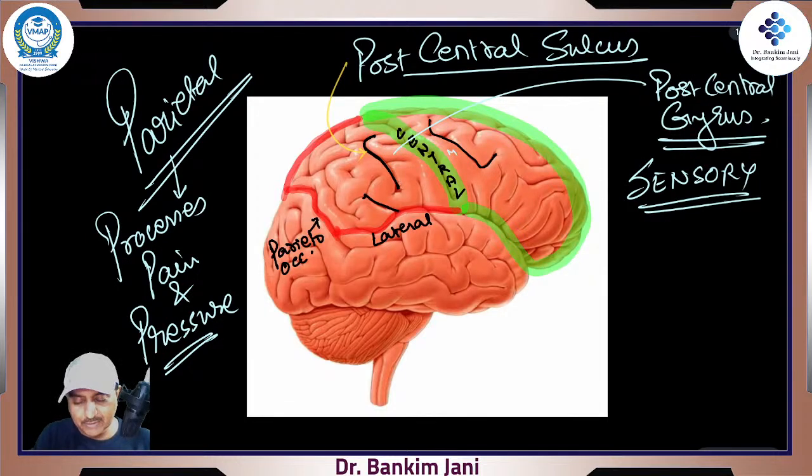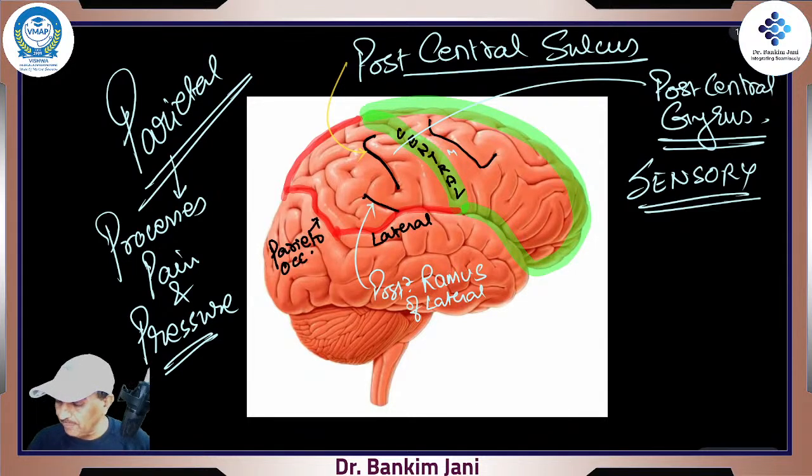So this one is the postcentral gyrus, which is for sensory, right? On top of it, we are adding that branch, that ramus, this one. This is the posterior ramus, right? So this is the posterior branch or the posterior ramus of the lateral sulcus.